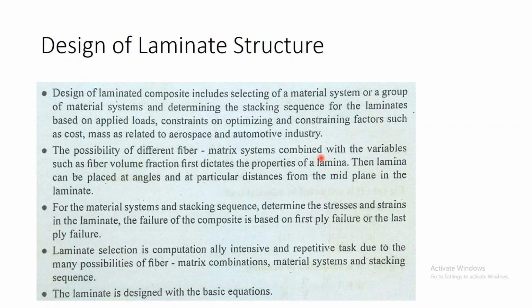Also, the lamina can be placed at different angles and orientations. As seen from the previous theory, the orientations will also affect the amount of load that it is going to carry about the mid plane. All these factors we should consider.